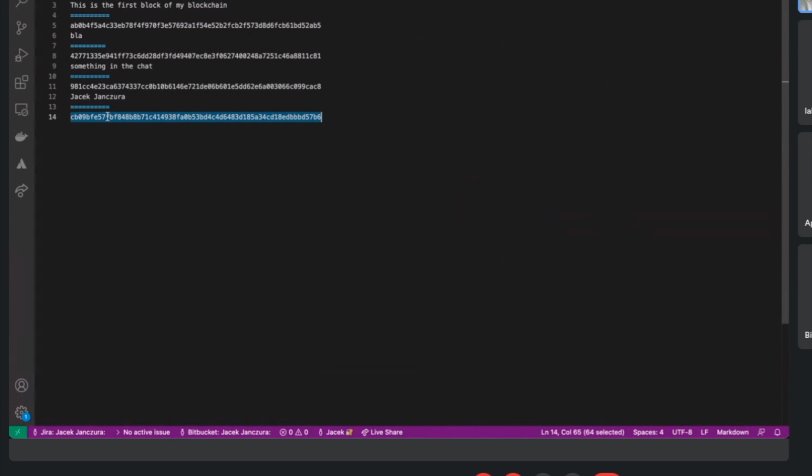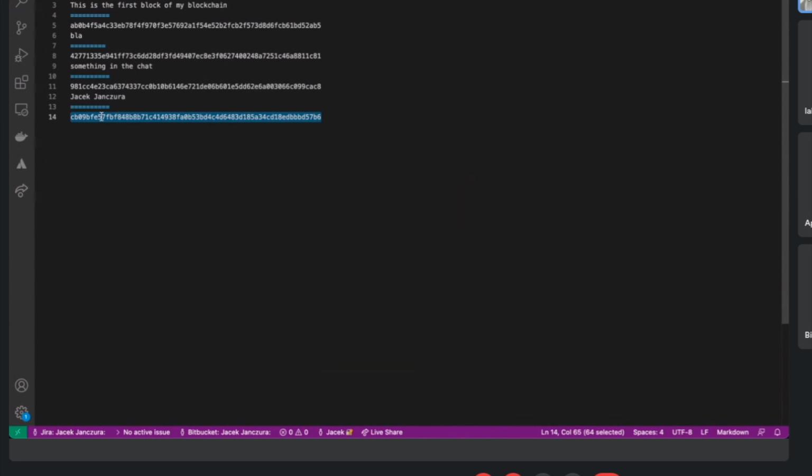So, why is it important? Imagine I'm changing something in the first block. If I change something in this block, this hash will be different, because that's how hash works. If I change anything in the input data, the hash will be completely different. So even though I added this string blah, this hash will be different as well. This hash will be different, and this hash will be different.